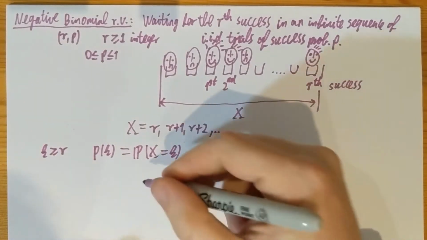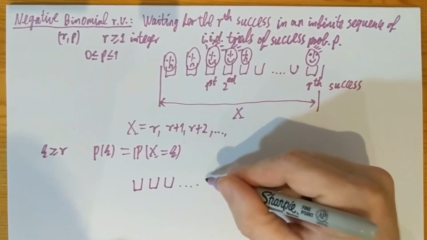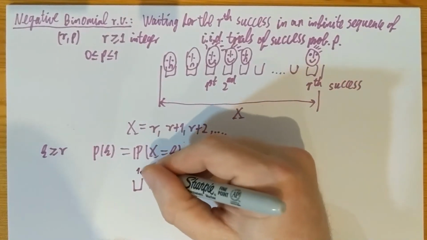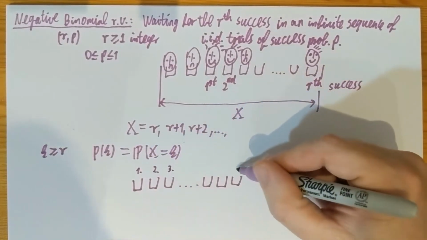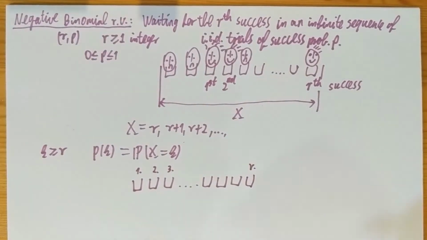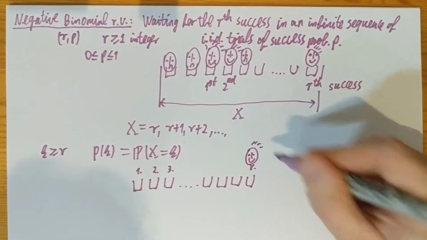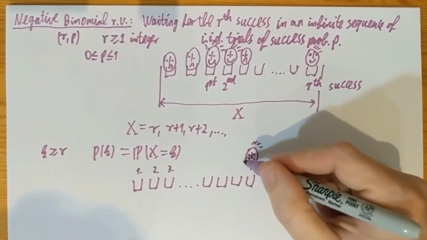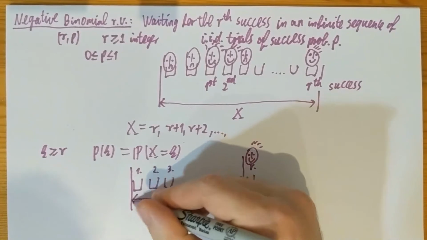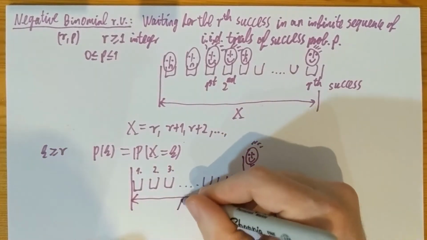So what is going to happen is that I'm going to redraw my picture. And so this is the first trial, the second trial, the third, and so on. And in the last trial, of course, we see our success. So we're very happy here. Now, in this event that X is K, we have K minus 1 trials before that.